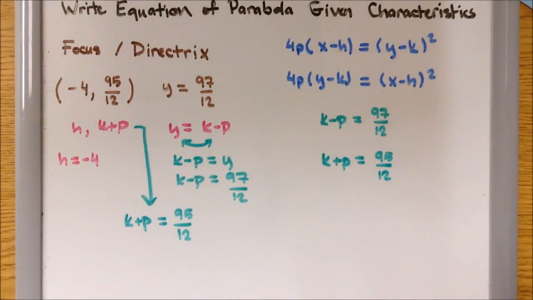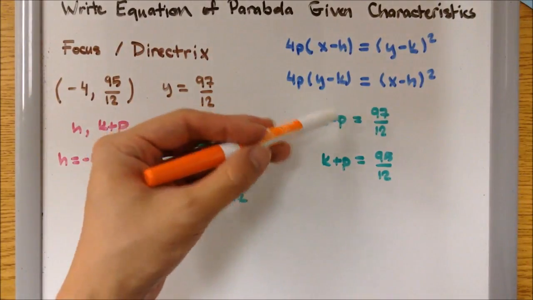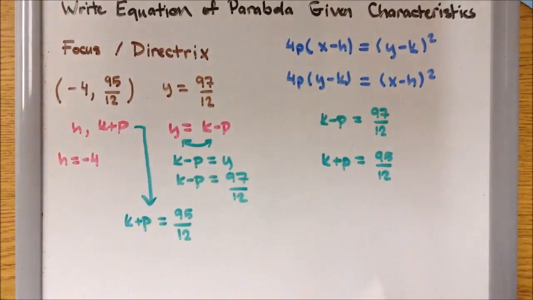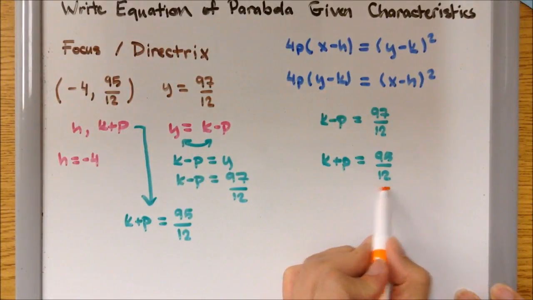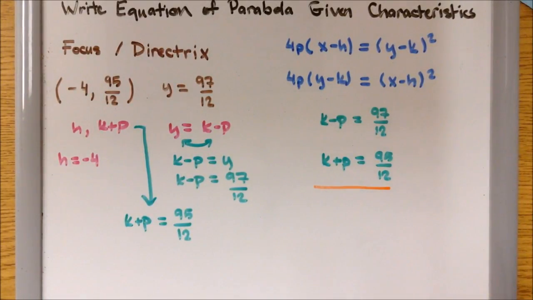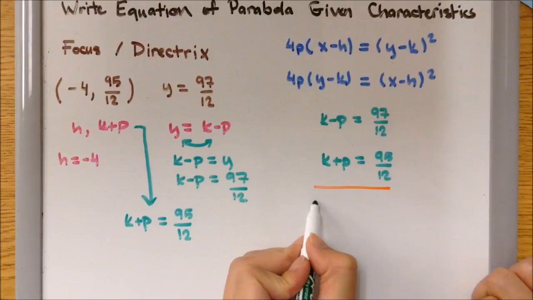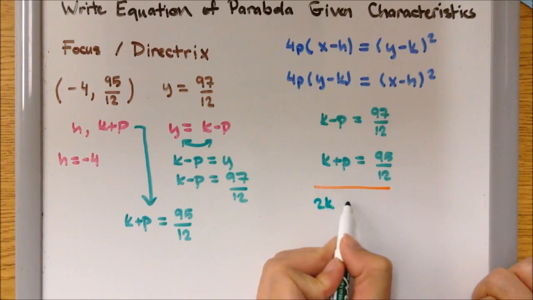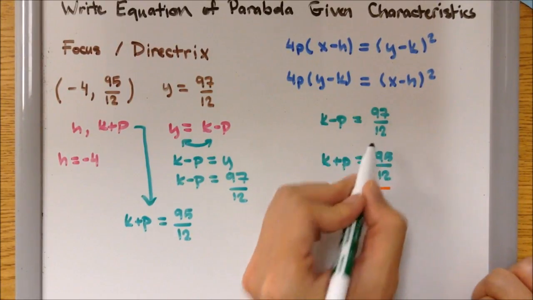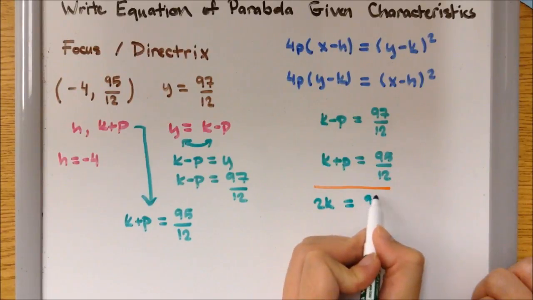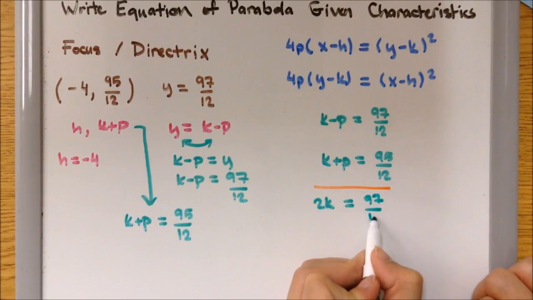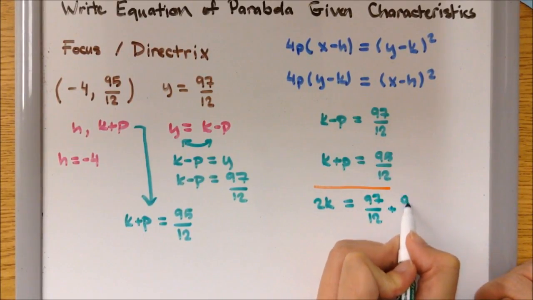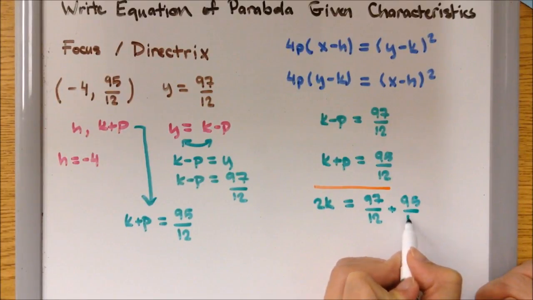So, using the elimination method, the reason I'm using that is because the p's, same number value and different sign, will cancel out. So when we combine these two k's, k plus k will be 2k equal to, and I'm going to combine these two fractions, 97 over 12 plus 95 over 12.